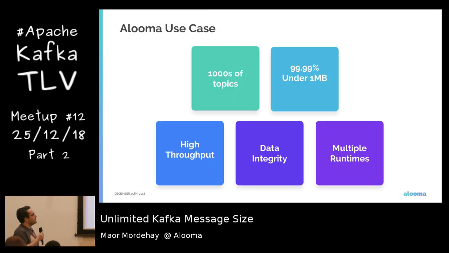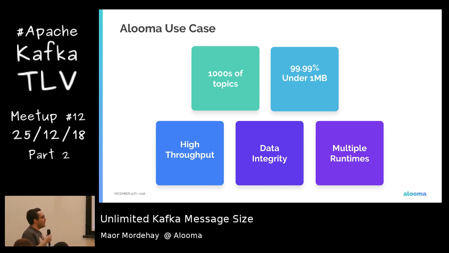Next. So let's go over a little bit of the Alooma use case. You probably have a lot of use cases that are similar to it. Most of our data is under 1 megabyte, usually much lower, anything from 1 to 100 kilobytes. We handle terabytes of data and billions of events per day.